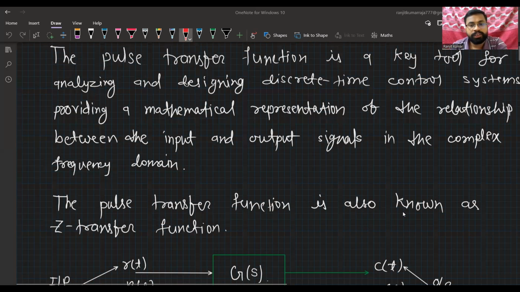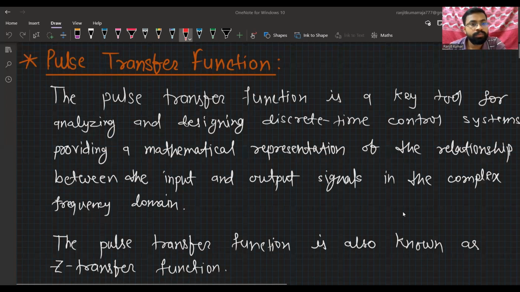Same as the transfer function in a control system, that is T of S, which is nothing but the Laplace transform of output to the Laplace transform of input at a certain condition, that is zero initial condition.